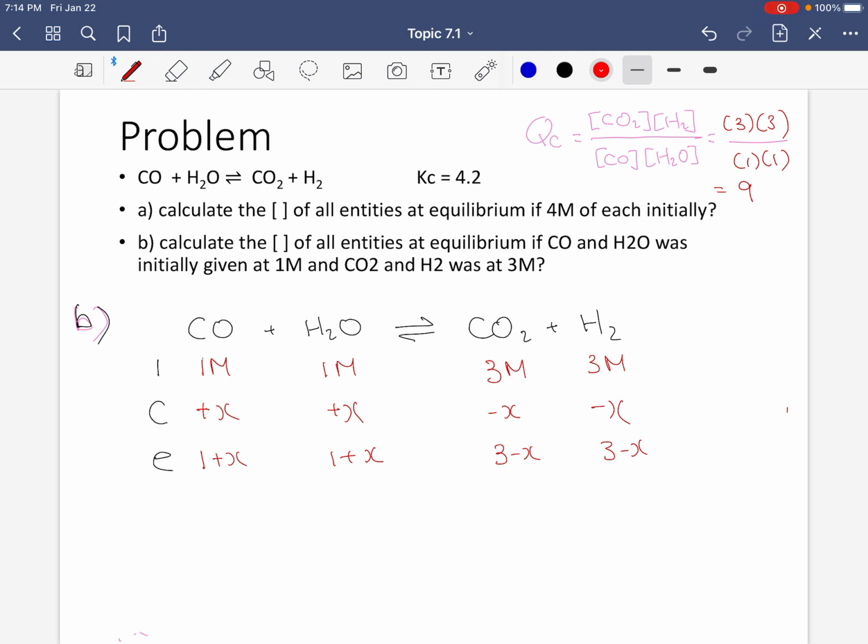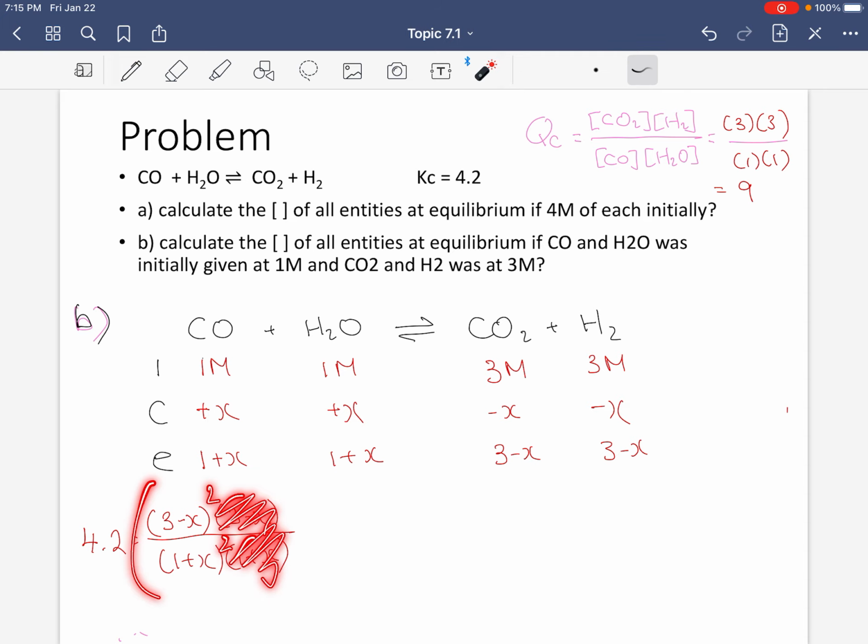So let's do the equilibrium expression. So 4.2 is equal to 3 minus x times 3 minus x over 1 plus x times 1 plus x. Okay? Hopefully you guys can see that this is this, and then this, and then this.